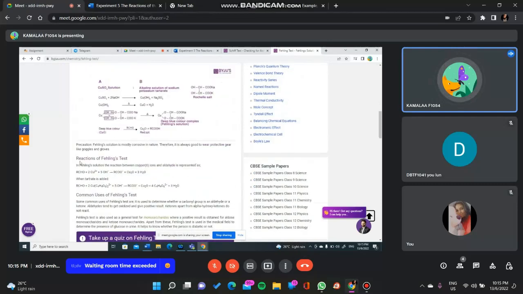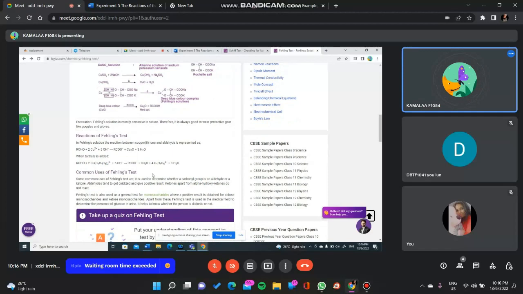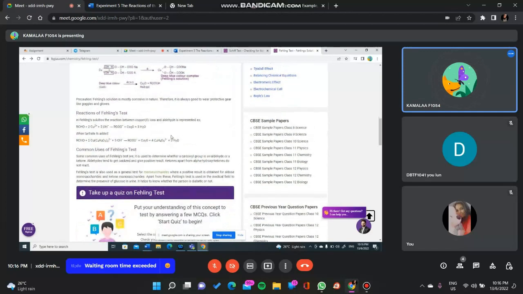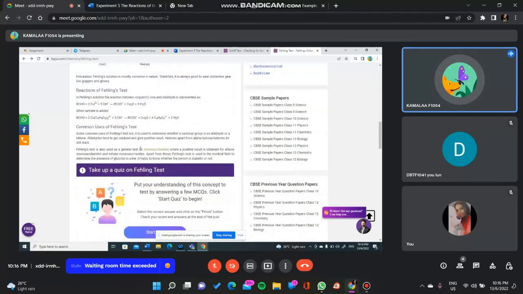In Fehling's solution, the reaction between copper(II) ions and aldehydes is represented as RCHO + 2Cu2+ + 5OH- equals RCOO- + Cu2O + 3 water molecules.